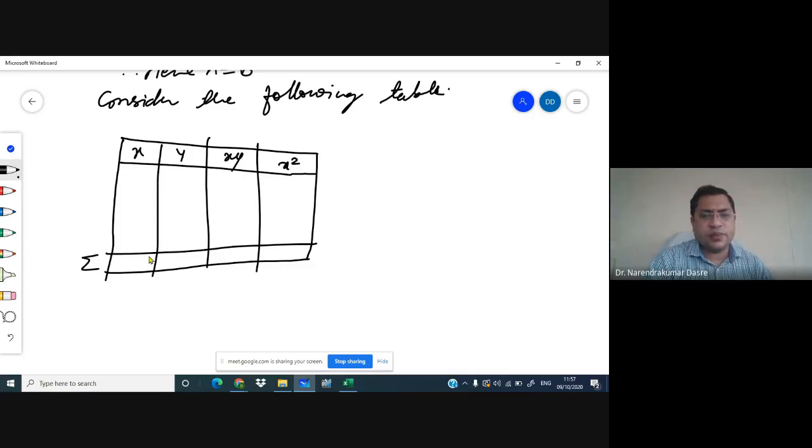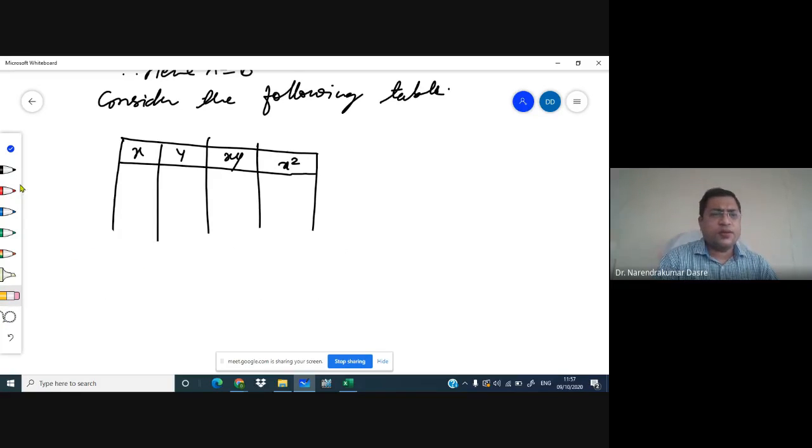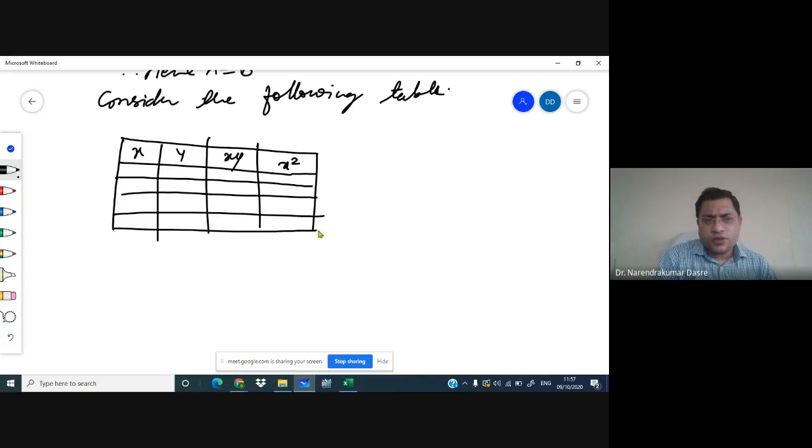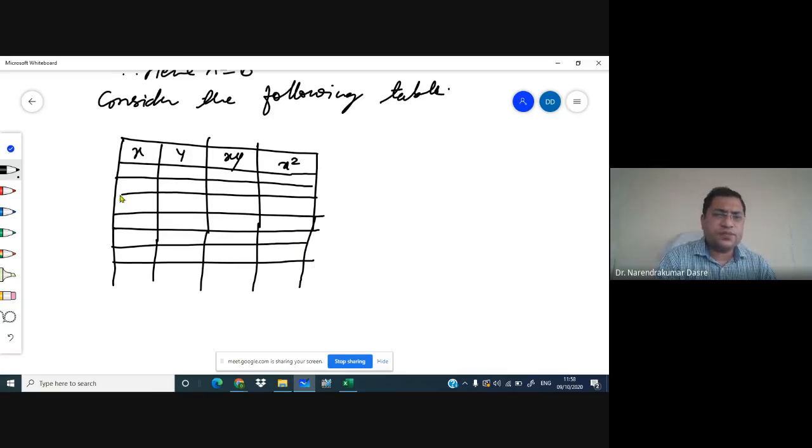So we are interested in summation x, summation y, summation xy, and summation x square. I hope you are making the table with me.